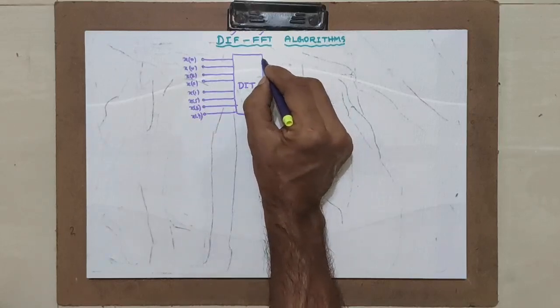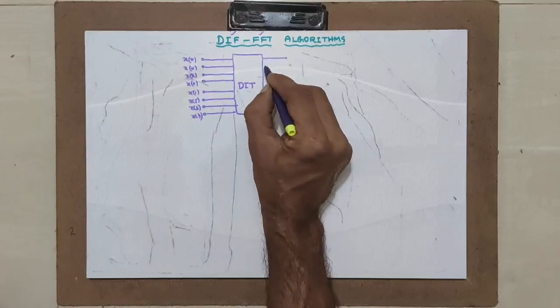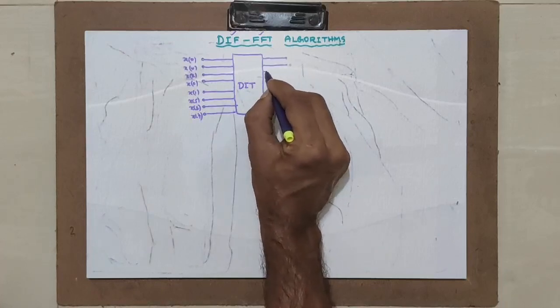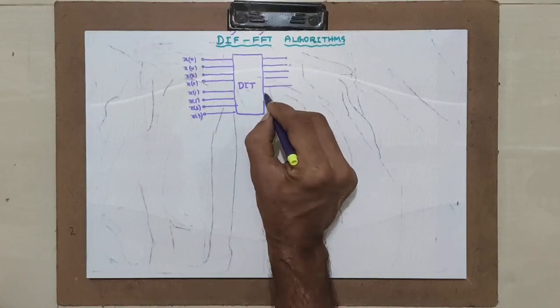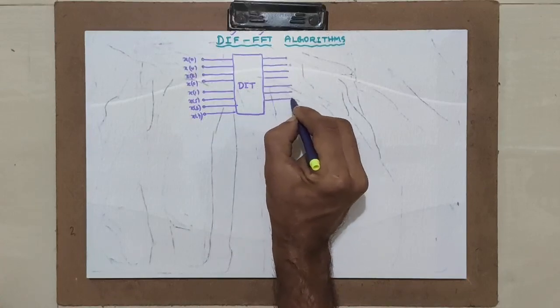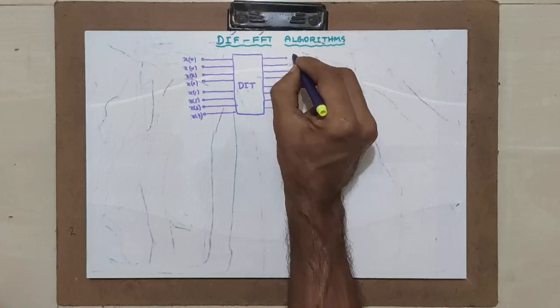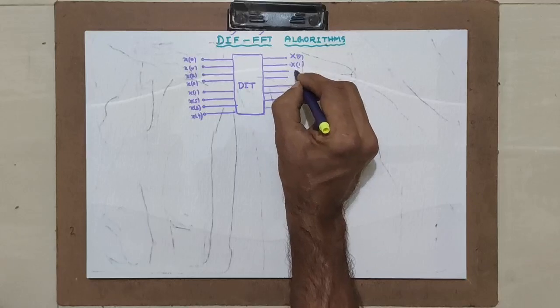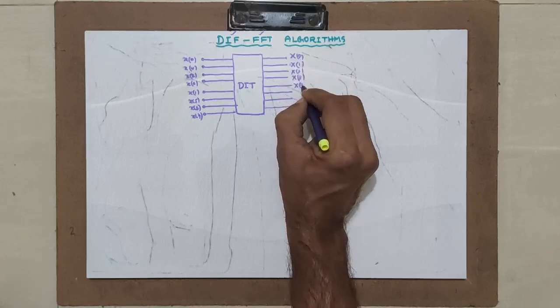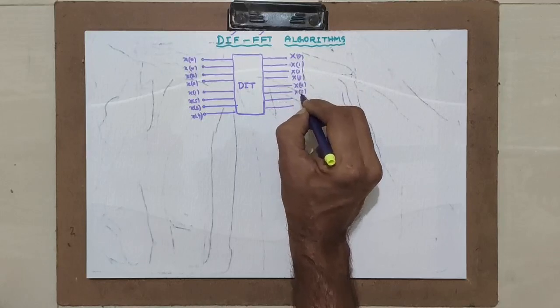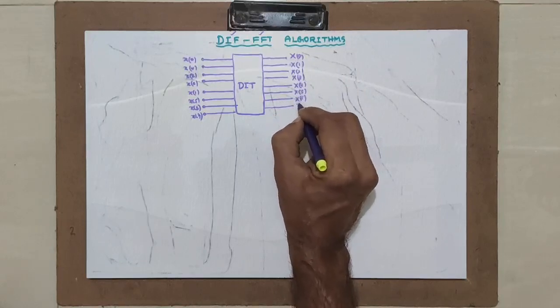What about the output? The output which you are receiving, say 8 outputs, will come serially: X of k is X0, X1, X2, X3, X4, X5, X6 and X7.